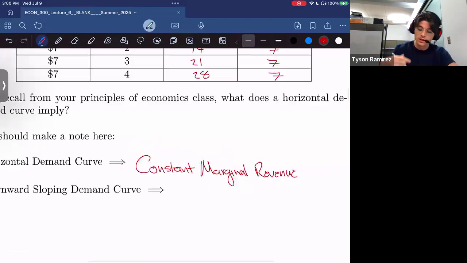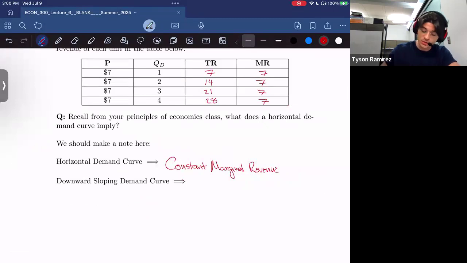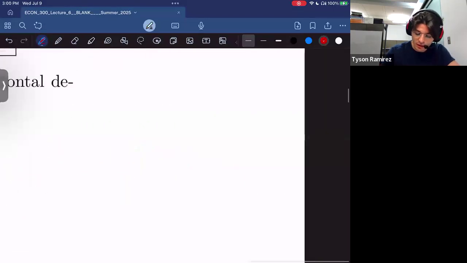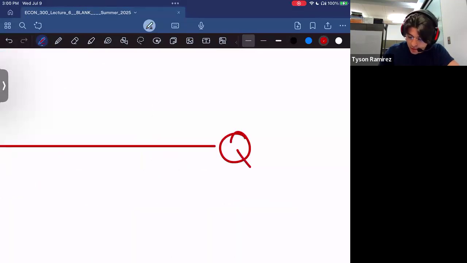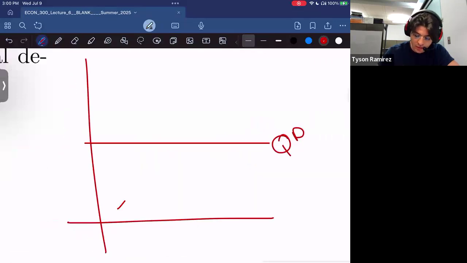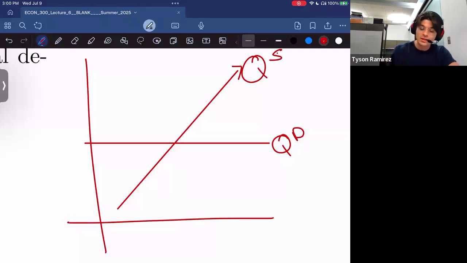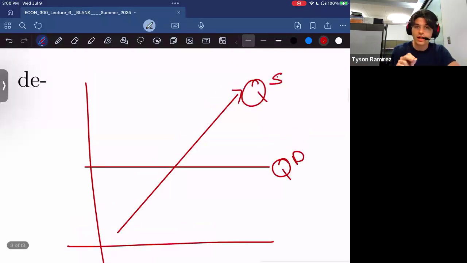Remember, horizontal demand curve, this is QD, and you're going to have some upward sloping supply curve, QS.